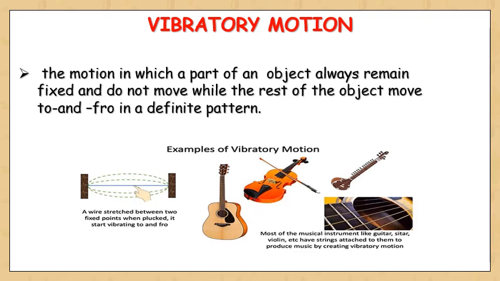But the difference is that in oscillatory motion the entire object moves to and fro, while in vibratory motion a part of an object remains fixed and the rest moves to and fro.